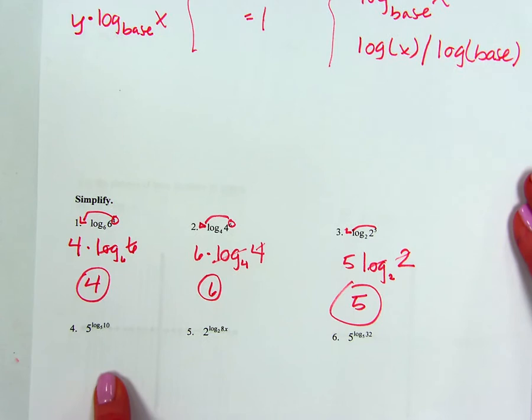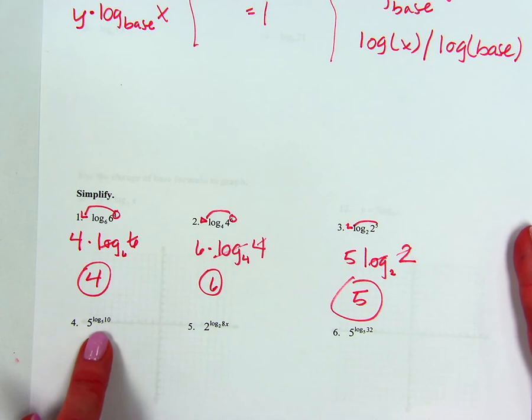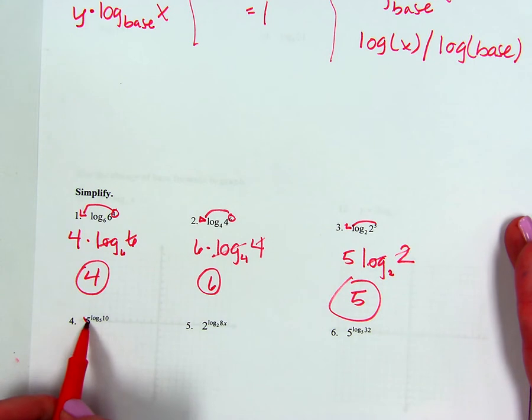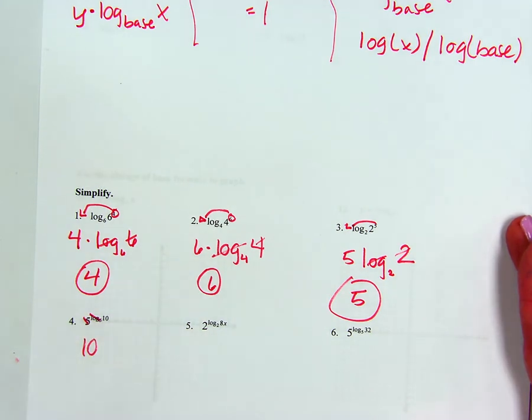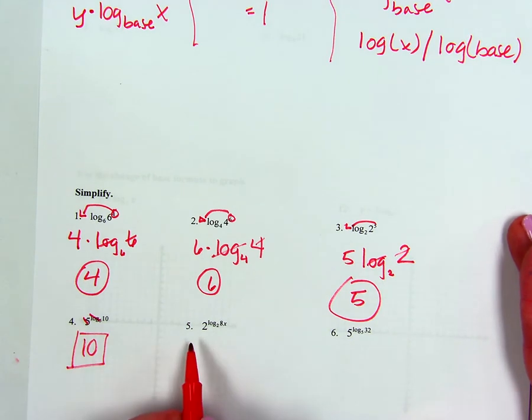If we look down at 4, it looks a little bit different than what we have here, but it follows along the same guidelines. You can cancel our 5 and our log of 5 here, and what are we left with? Just our 10. Looking at 5, same thing again.